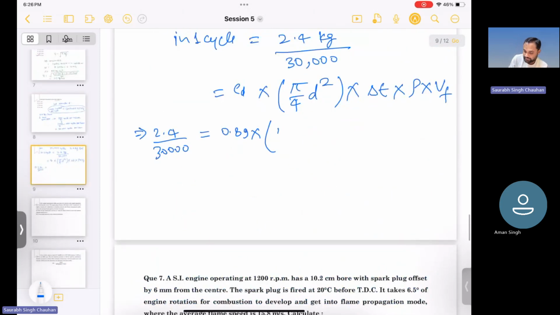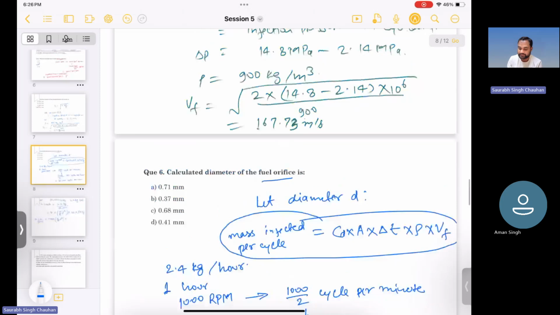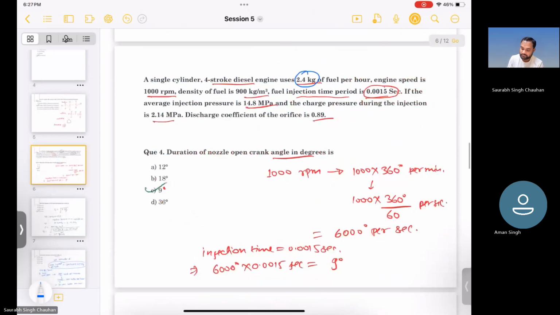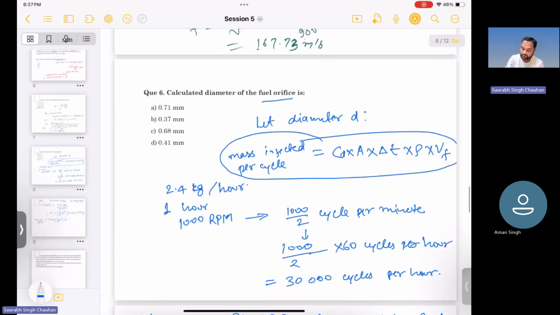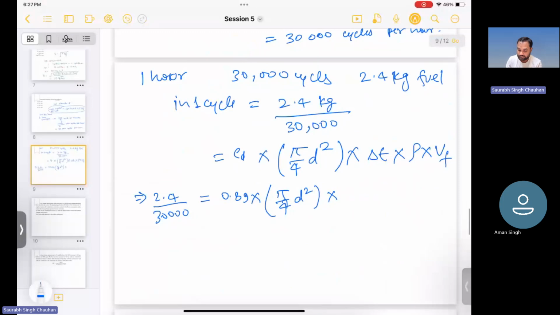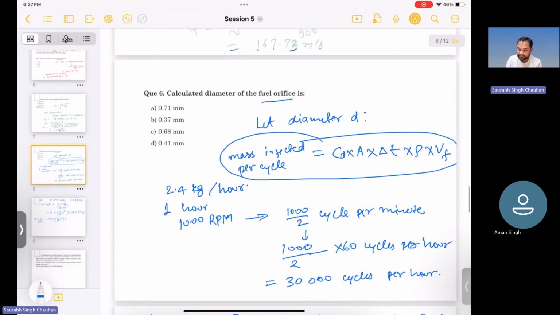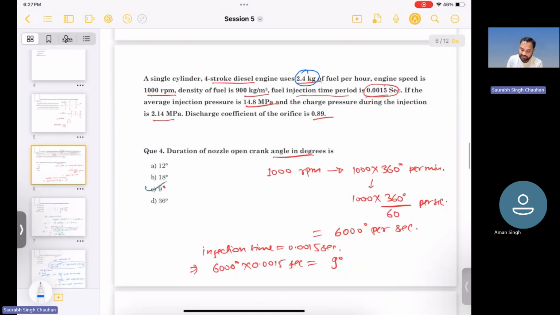0.89 times pi by 4 d square into delta t. How much was delta t? 0.0015. Into density was 900 kilogram, I think. Yes.